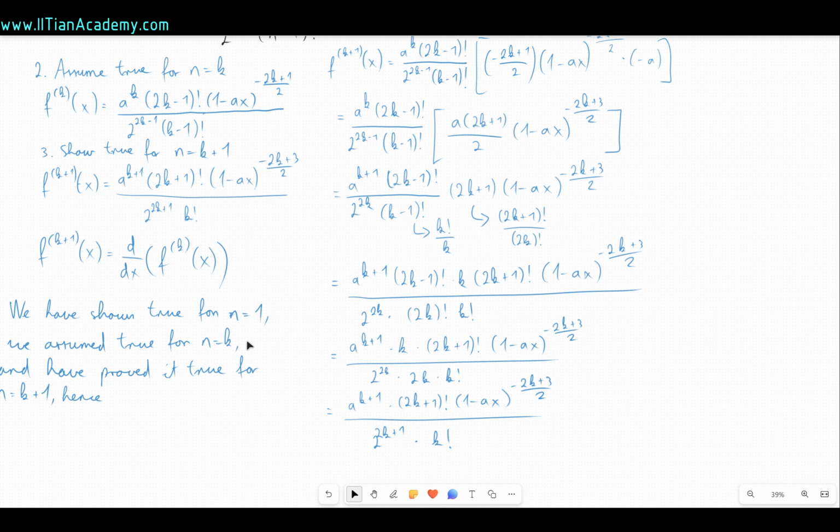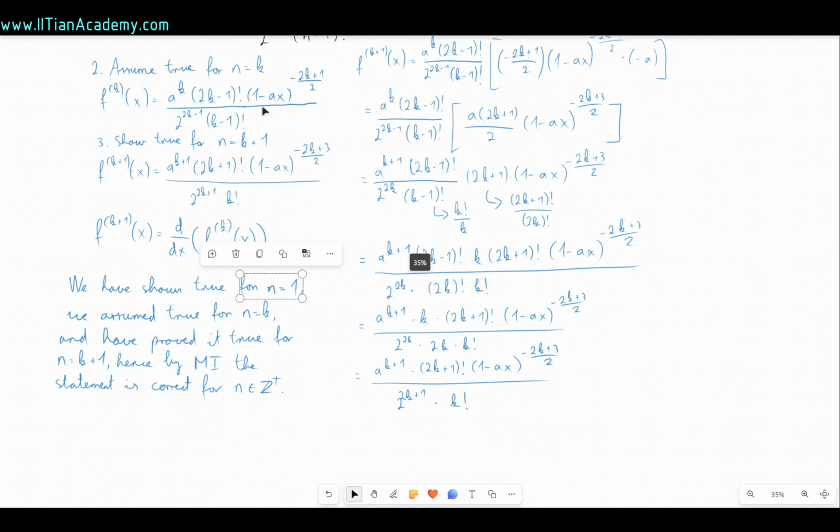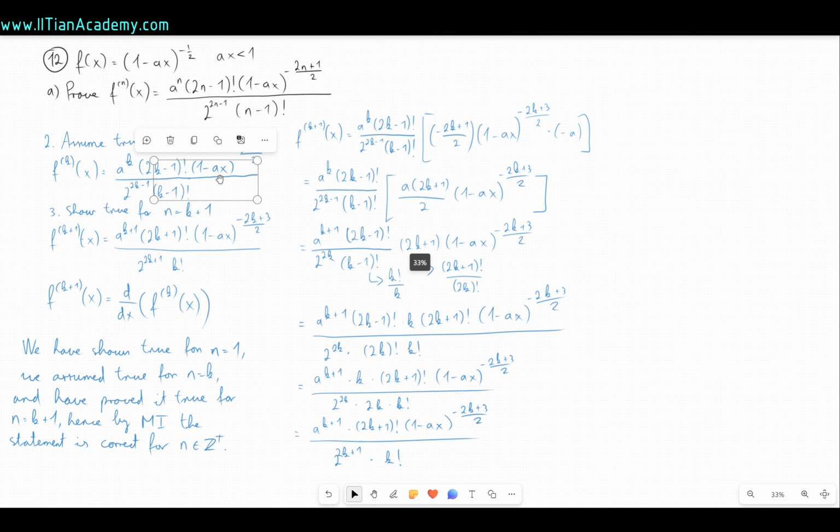Hence, by mathematical induction, the statement is correct for, and then we can look back at the question. So it is true for n an element of the positive integers. So this is how you show this through mathematical induction.